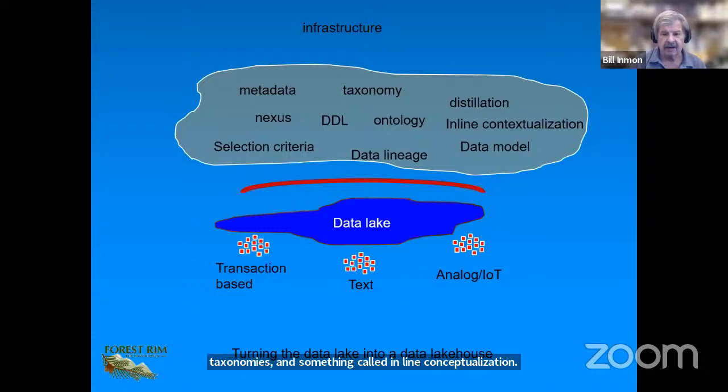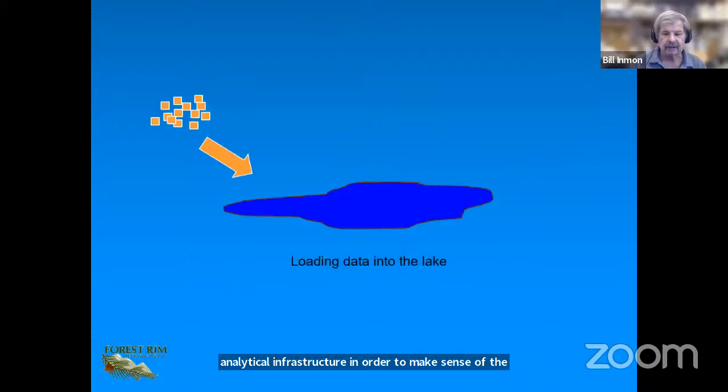For analog IoT data, you need something called distillation. And so you have three very different kinds of needs that need to be brought together into the analytical infrastructure in order to make sense of the data lake, to turn the data lake from a data lake swamp into a useful data lake house. So that's the first thing that you need, the analytical infrastructure.